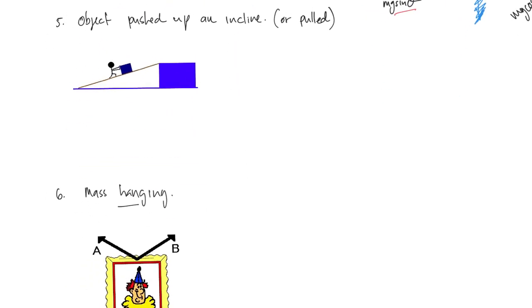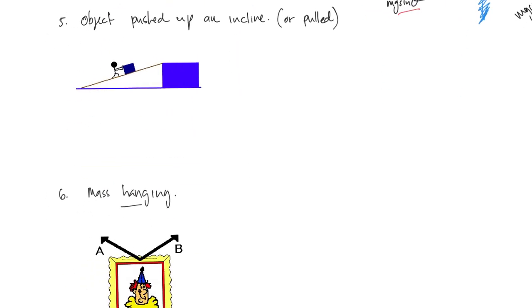Right, situation number 5. It says here that an object is being pushed up an incline. So I've got my incline here, got my object. Let's just draw a net force, and then we'll draw a component next. With the net force, I know that I have Fg coming straight down.